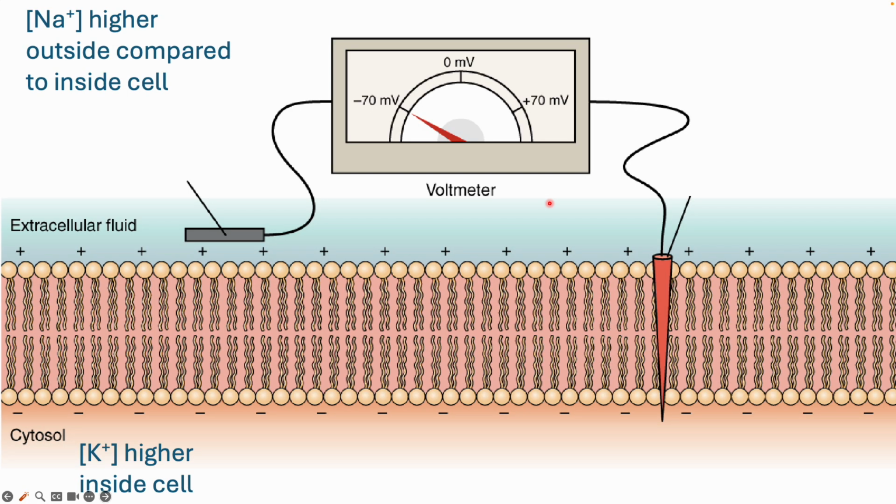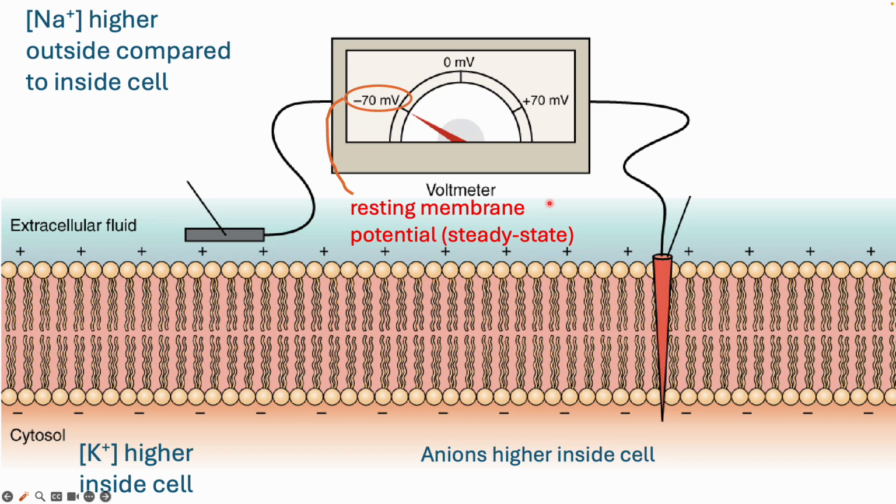Potassium is higher inside the cell, but it's overall going to be negative because anions are going to be higher inside the cell compared to outside the cell. So this gives a net negative charge on the inside of the membrane.